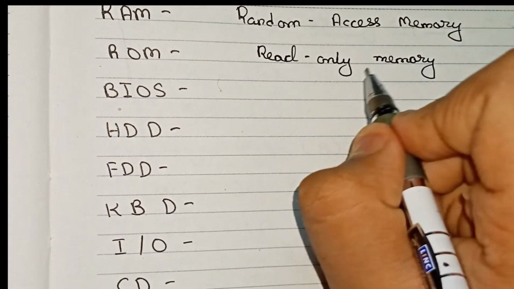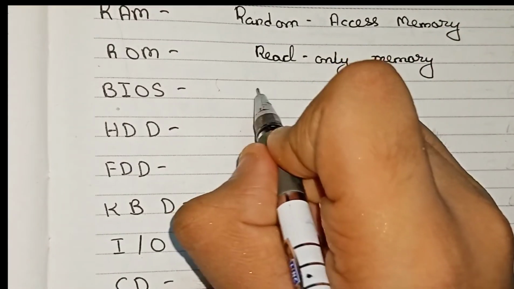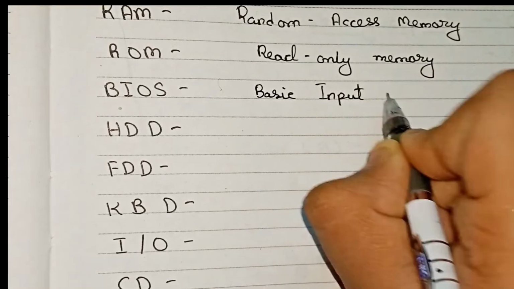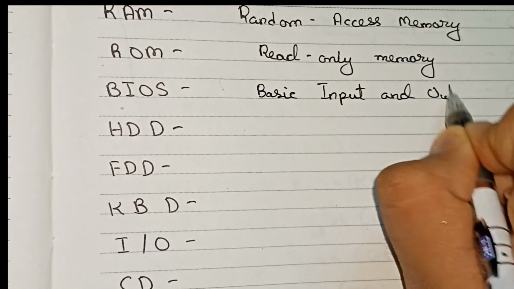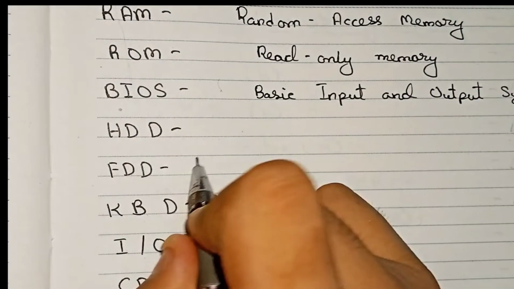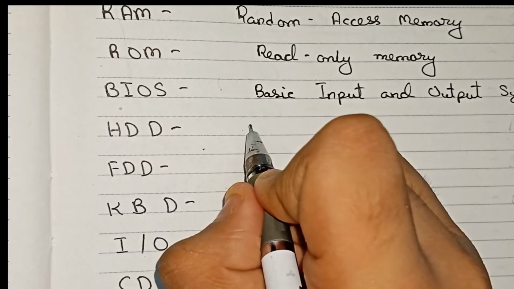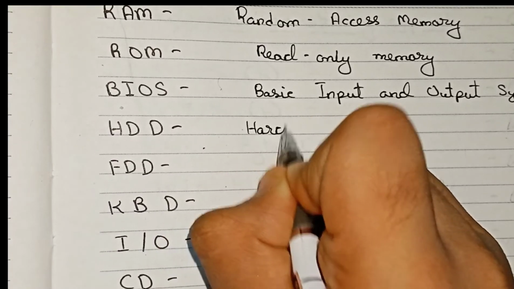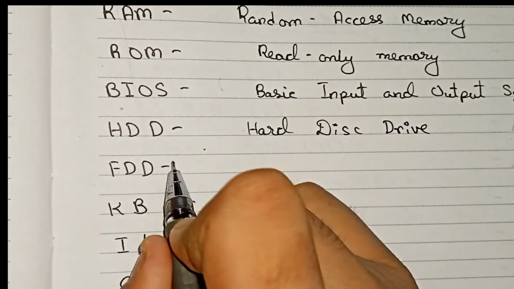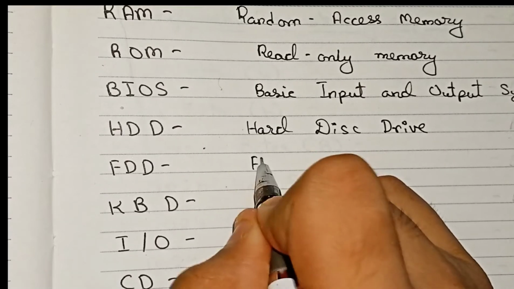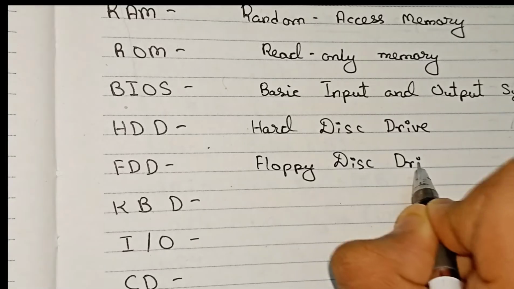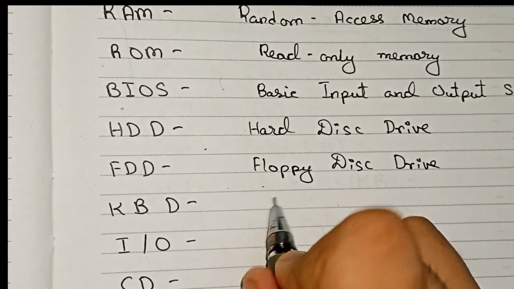Next is BIOS, that is basic input and output system. Next is HDD, that is hard disk drive. Next is FDD, that is floppy disk drive. Next is KBD, that is keyboard.